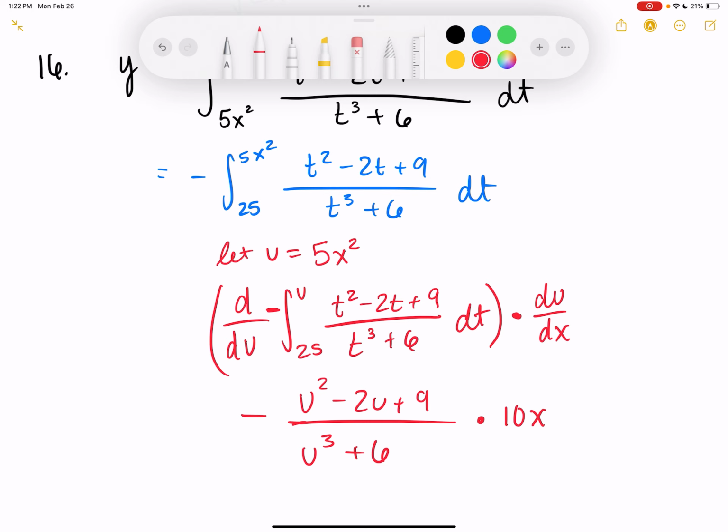Now what do we need to do? Plug 5x squared back in.